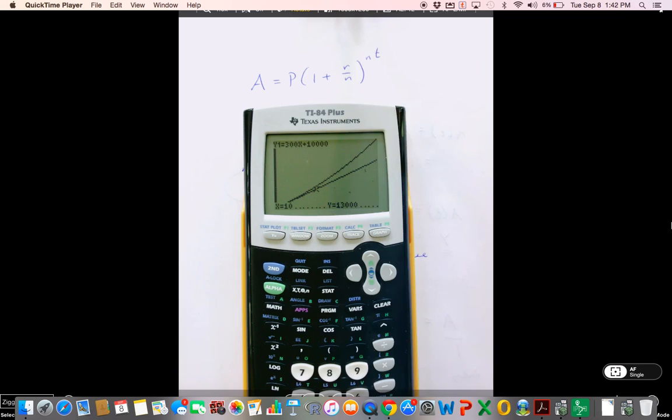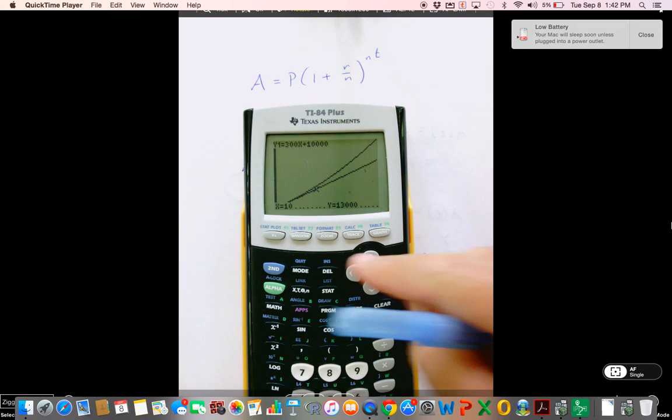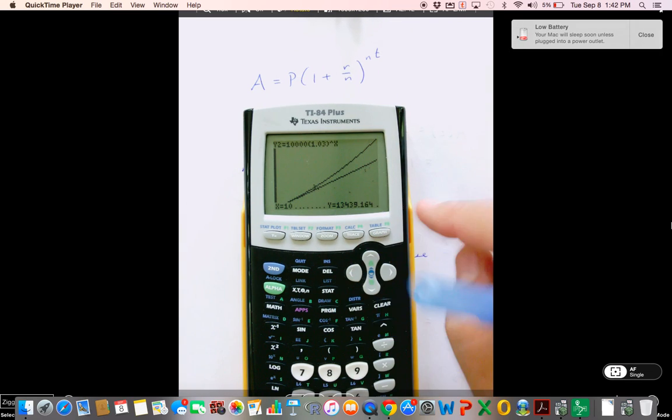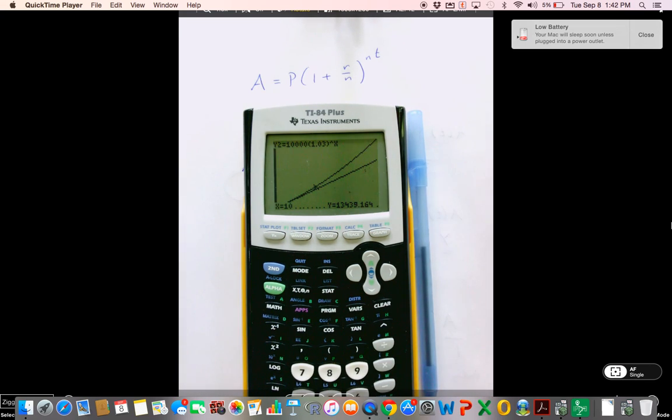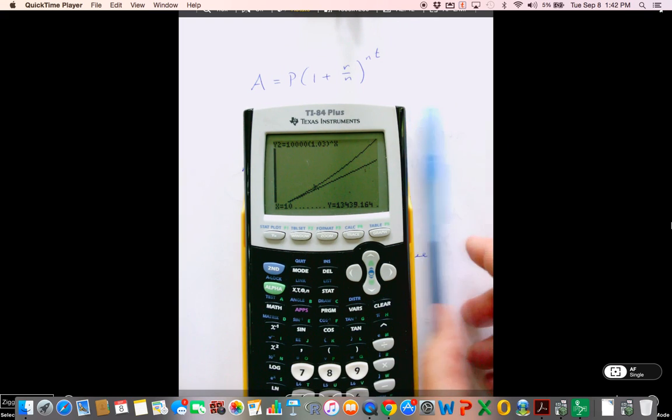Well, for simple interest, I'm going up with 13,000. All I got to do is hit my up arrow, and I can see that I would end up with about $500 more if I had compounded interest.